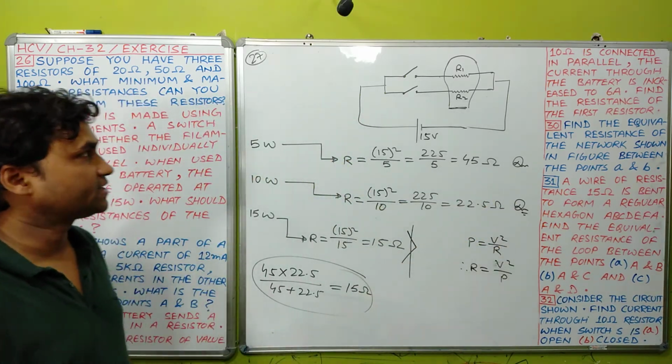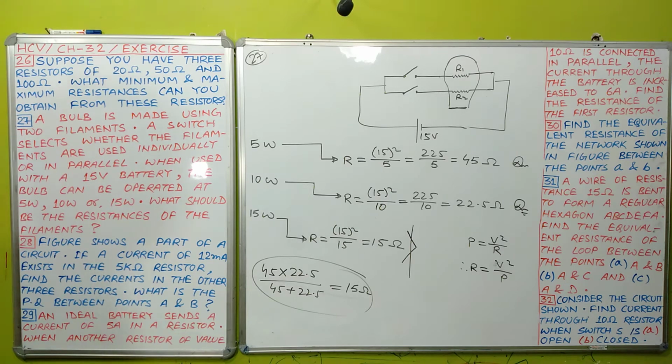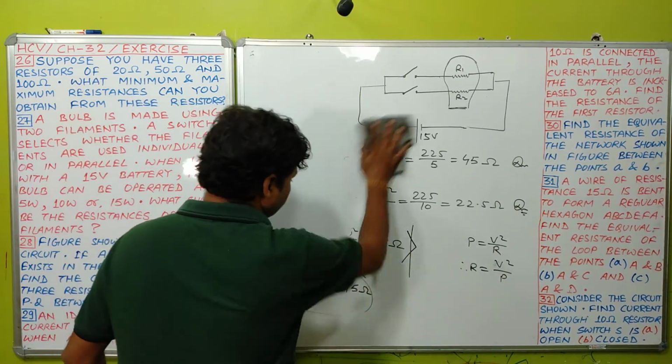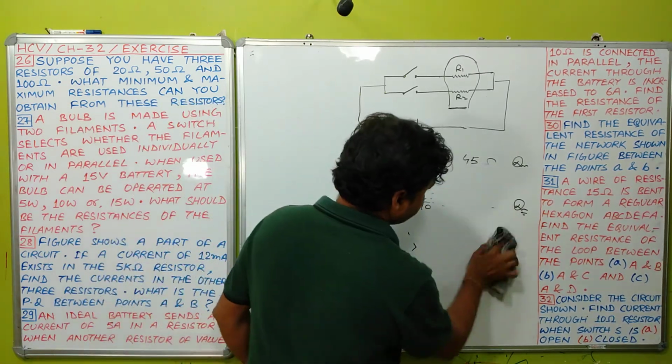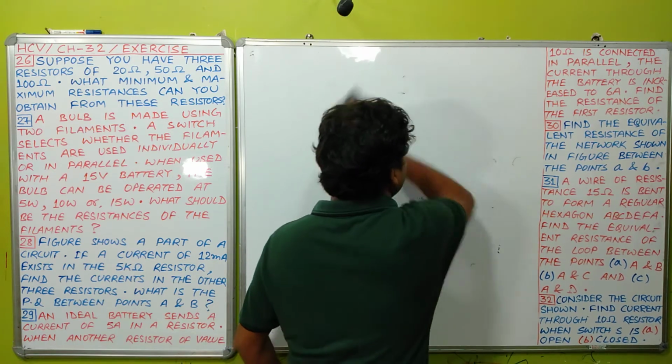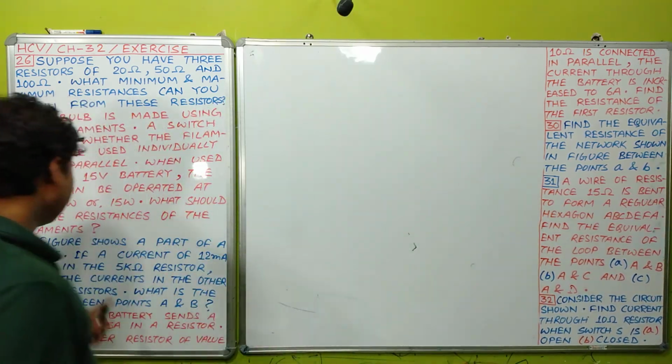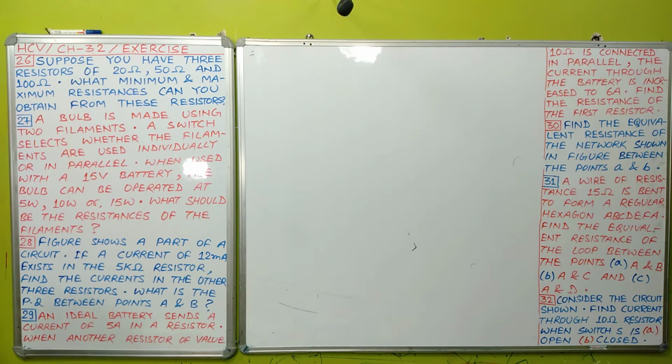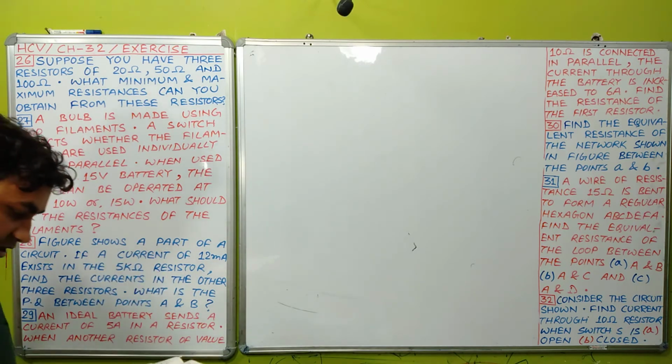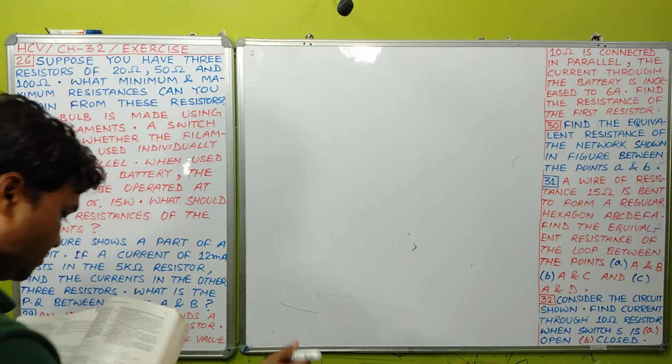Okay, student, so let us move towards question number 28. This question number 28 is saying figure shows a part of a circuit. For question 28 the figure is given in the book, and the figure is this.